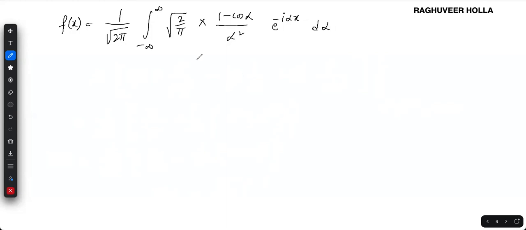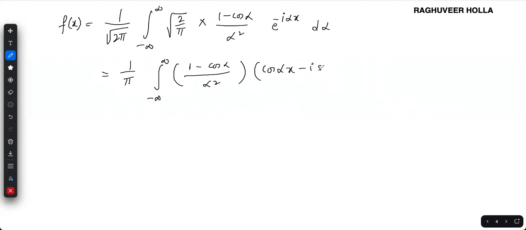Okay. Further you can simplify this. I get 1 by pi, minus infinity to infinity, 1 minus cos alpha divided by alpha square, into cos alpha x minus i sin alpha x, d alpha.